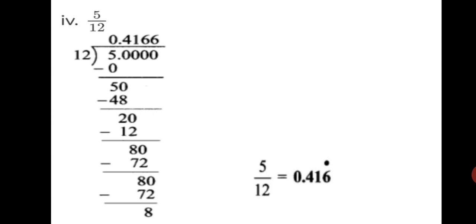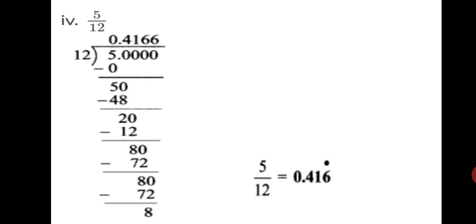We are not putting horizontal line here because only a single digit is repeating now, 6, not 416. If you would see 416, 416, 416 repeating, then we would put a horizontal line on top. But only 6 is repeating now. So we put a dot above 6.